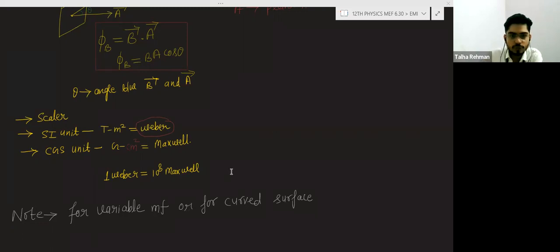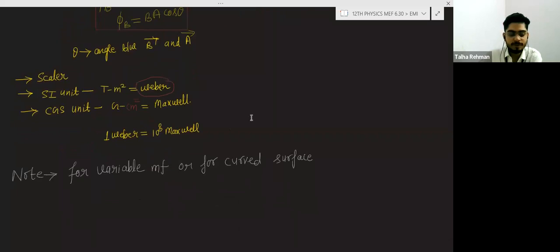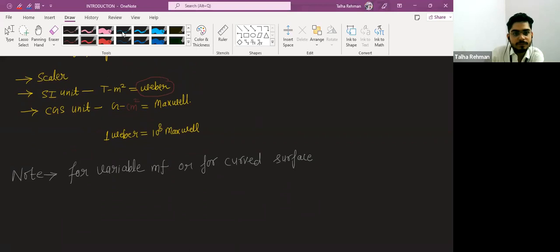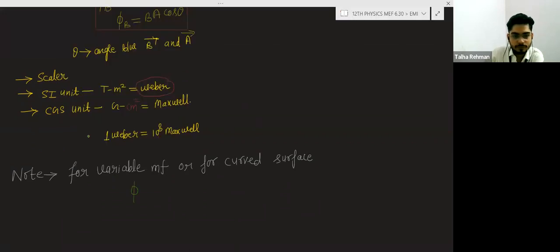So for the curved surface, the formula of magnetic flux will be the surface integral of B dot dA.